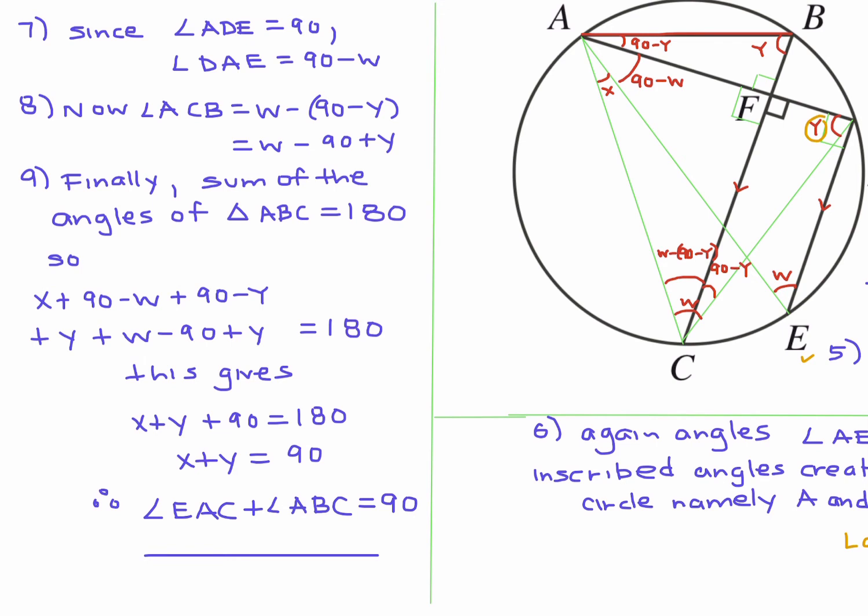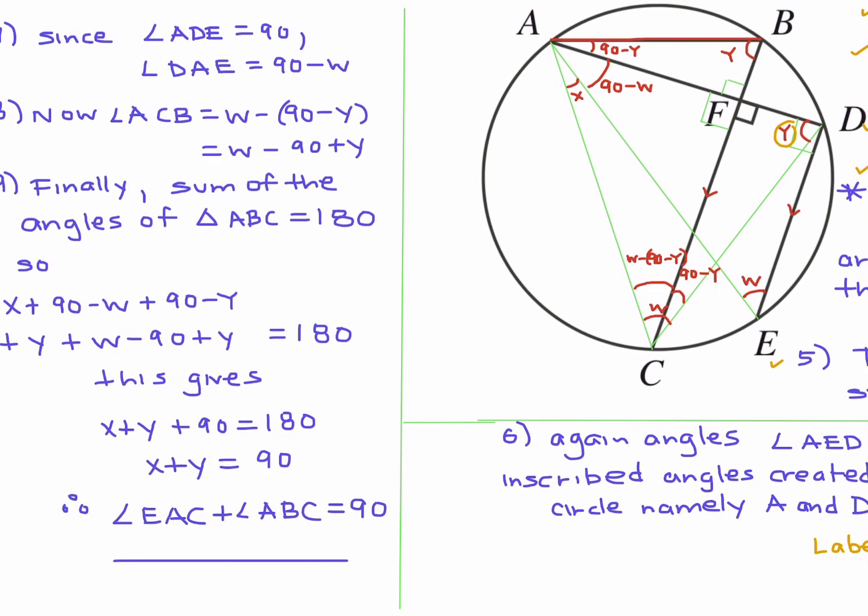ADE, which is this one. Where's D? D's hiding. Oh, there's D. ADE, that's a 90-degree angle. And therefore, angle DAE is going to be 90 minus W, because this is W. Okay?